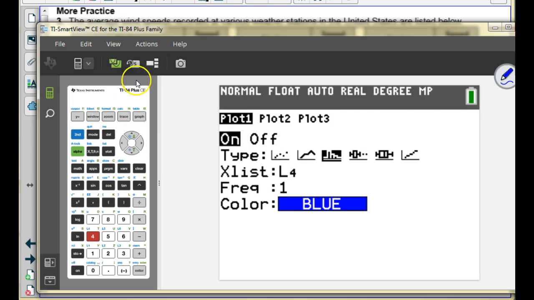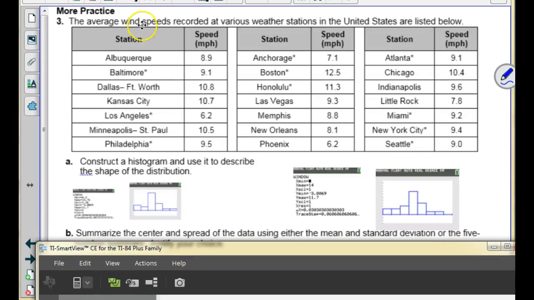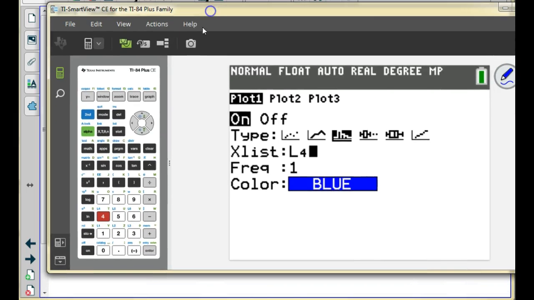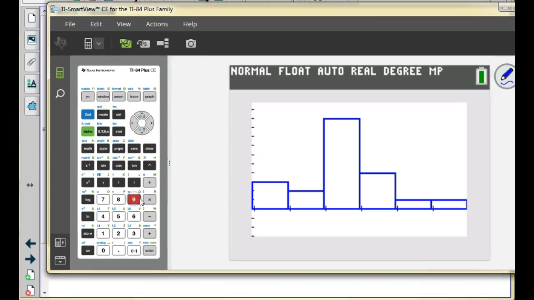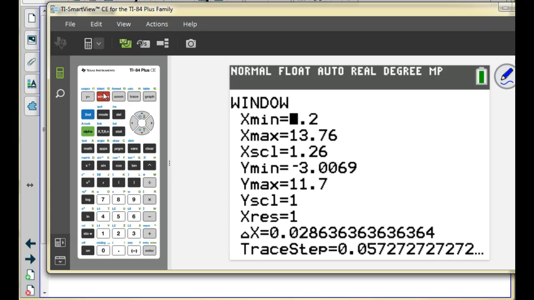Now, let's talk about this data for a second. This is average wind speed at different weather stations in different cities, okay? So if I were to put in just a zoom 9, it looks like this. So there's a couple that have high winds, not really dragged out one way or the other, but I usually don't like what they picked.